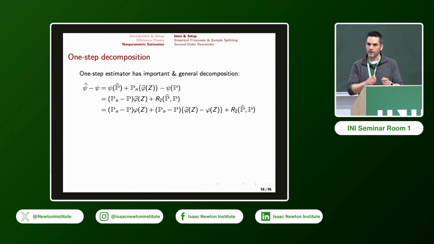But if I've used the same sample to estimate my nuisances and to evaluate my parameter, now I have some dependence between this averaging and this phi hat, and I need to be more careful. Intuitively, what you have to do is make sure that you haven't done something that's too complex in that sample because you're using it twice. If I somehow fit something very complicated, that dependence is going to hurt me.